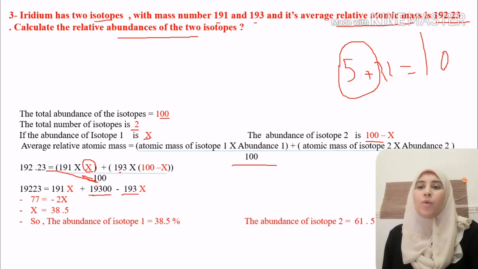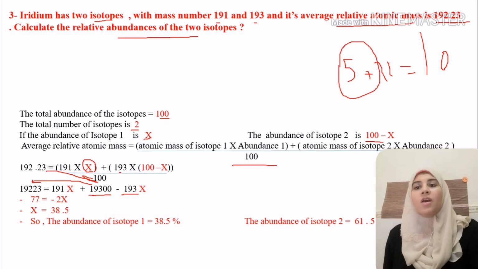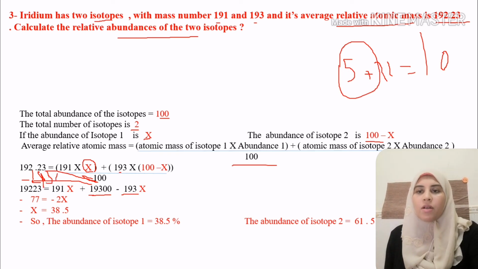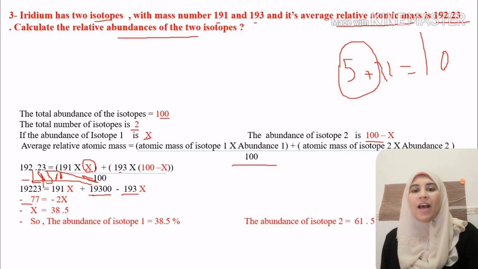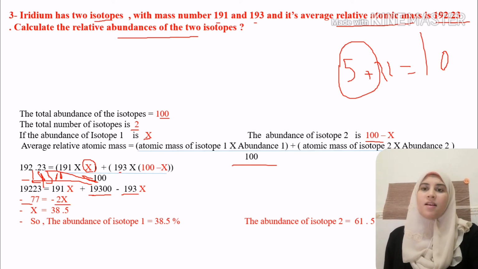So we just transfer the calculated numbers with each other and the unknown values with each other. So we transfer 19,300 to the other side with different sign, minus 19,300. By transferring them to the other side, we have minus 77 equal minus 2X.